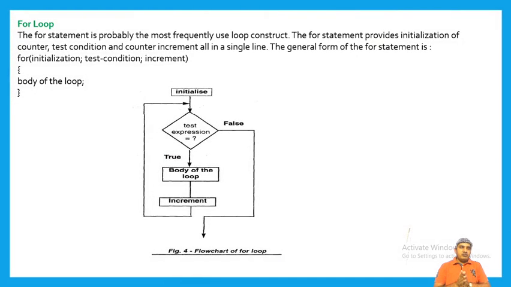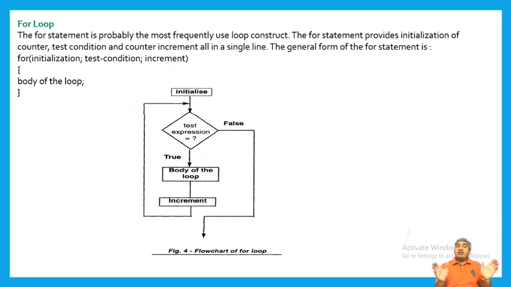Now the for loop. This loop we use many times, because it consists of three conditions. First is the initialization, second is the test condition, and third is the increment.